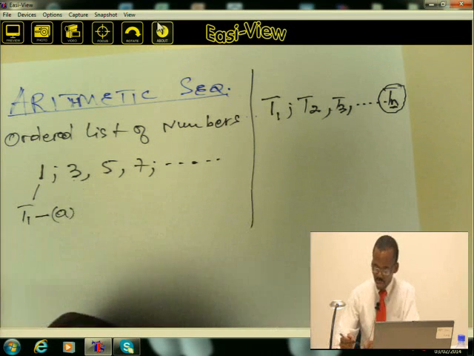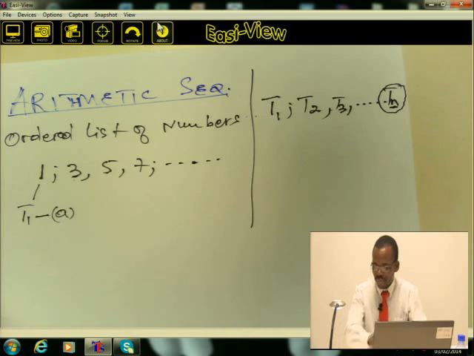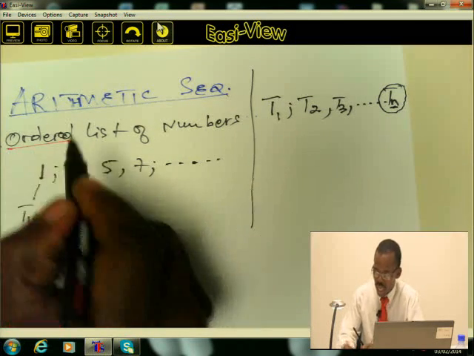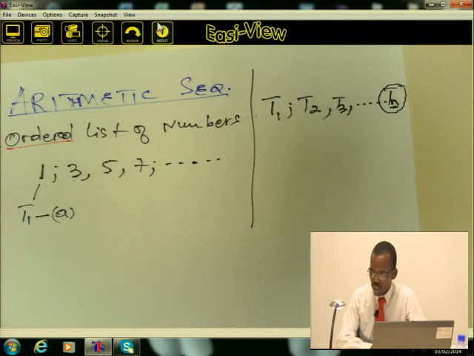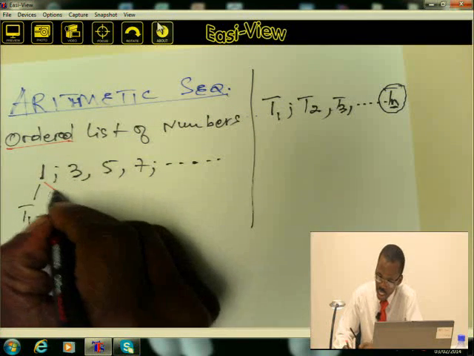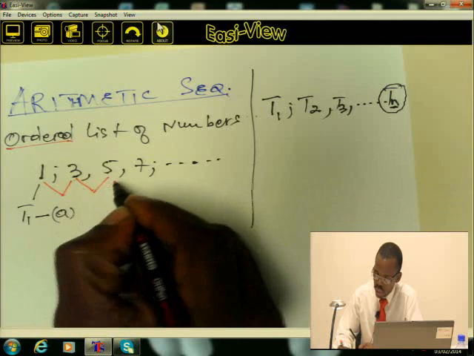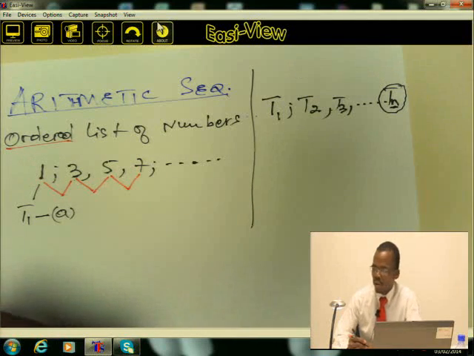But now, since we have just talked about the order, there must be a certain order in this sequence. Where does the order come from? We look at what is the difference between these terms. How do they differ?